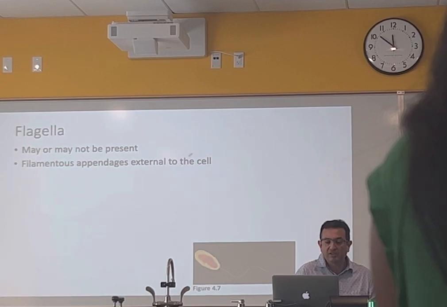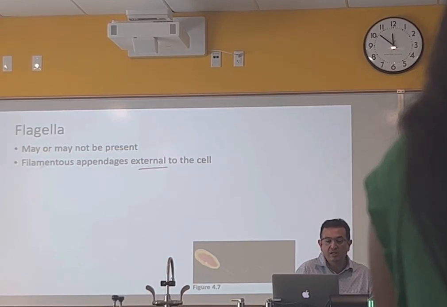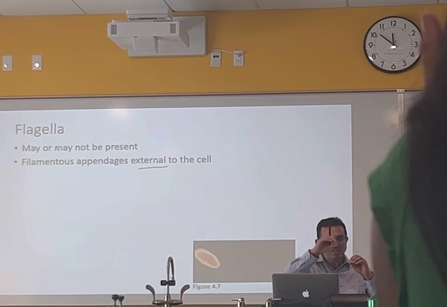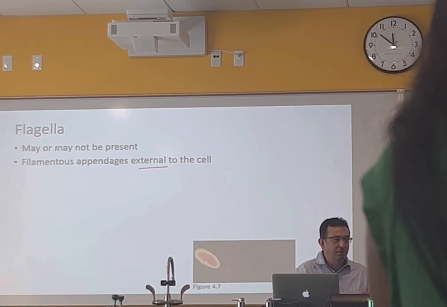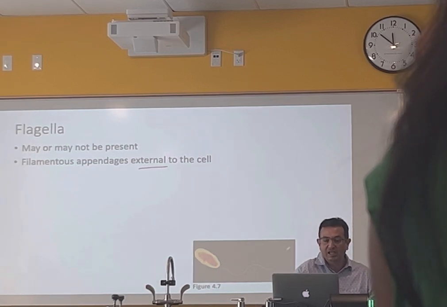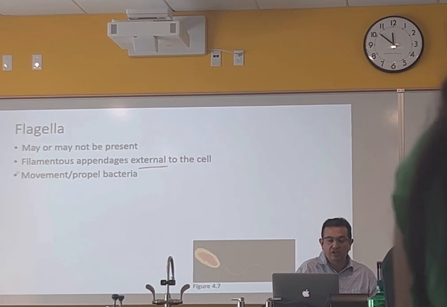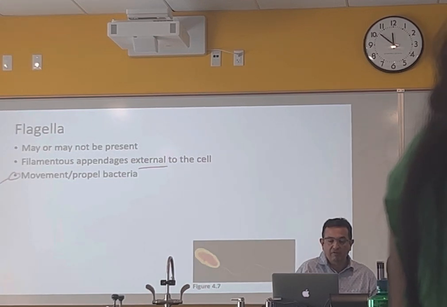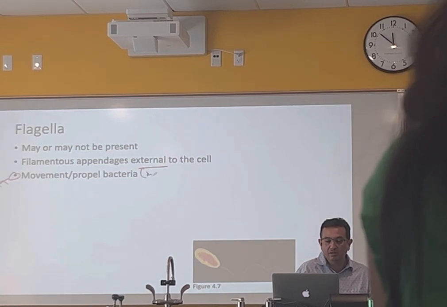The location, right? It's external to the cell. We just talked about it. Filamentous just means like a ribbon, a long ribbon, like a whip-like thing. And location, external, outside the cell, like you see here. It's not inside, it's outside. And then here's function. Movement, motility is the same thing.